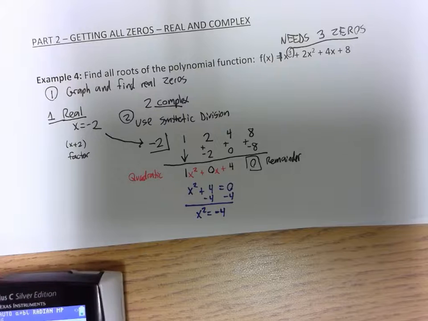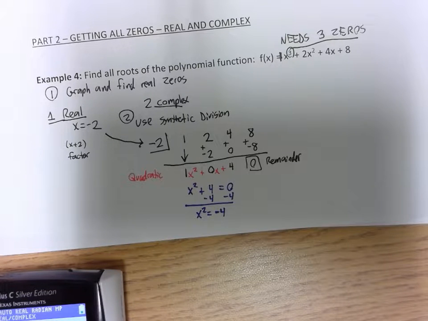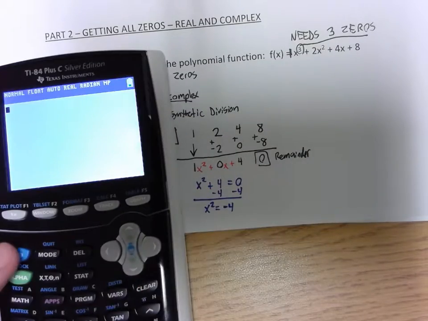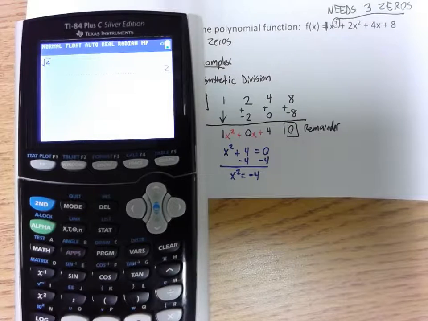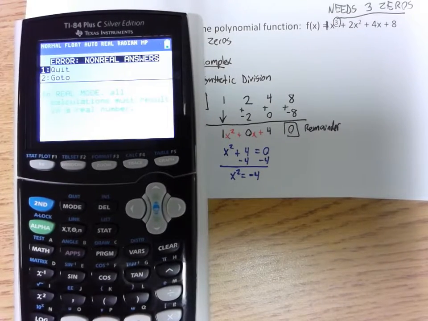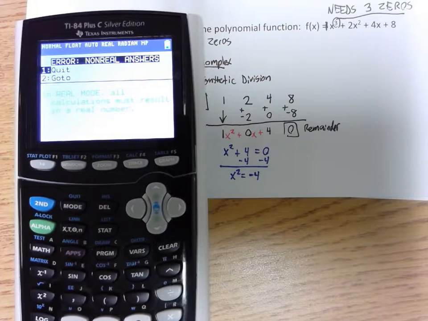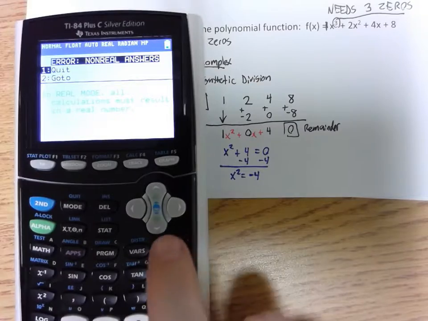Negative 4 can't be square rooted in the traditional sense, okay? I can square root 4, and you know that's going to be 2. But if I say the square root of negative 4, we're going to get a big fat error. That means there's no real answer. But there is an answer to that.